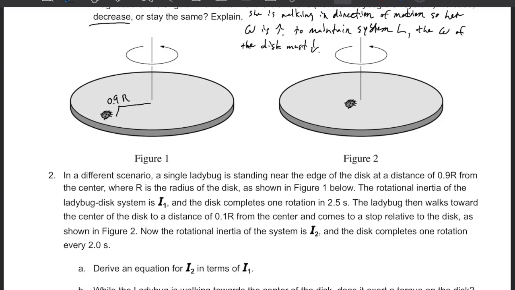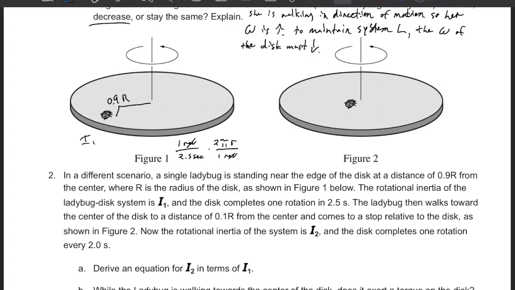And it takes a certain amount of time, 2.5 seconds, to make the lap, to complete one cycle, one period. One revolution is in 2.5 seconds, and 2 pi r is the same as one revolution. So now instead of revolutions, we can get it in terms of omega, or radians per second.